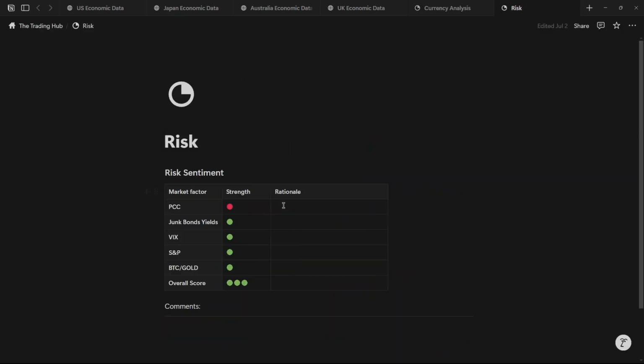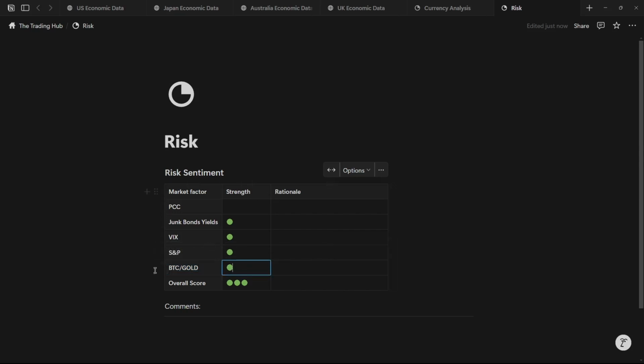So the way that I judge risk sentiment, I look at these 5 different factors. I should remove this here because I haven't looked at that in a while, but I look at the put to call ratio, I look at the yields on junk bonds or high yield credits, I look at the volatility index, I look at the S&P, and I look at the Bitcoin to gold ratio.